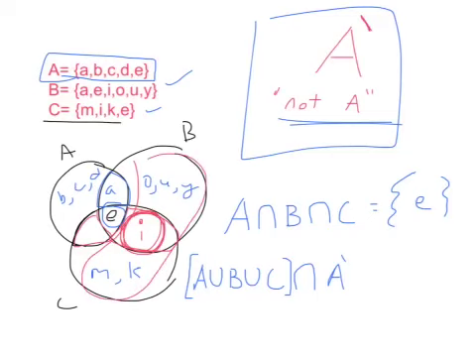So that would be I, O, U, Y, M, K. Because those are all of the letters that we have between A, B, and C, and then subtracting away all the letters that are A, because we are saying that it must include all of the not A's.